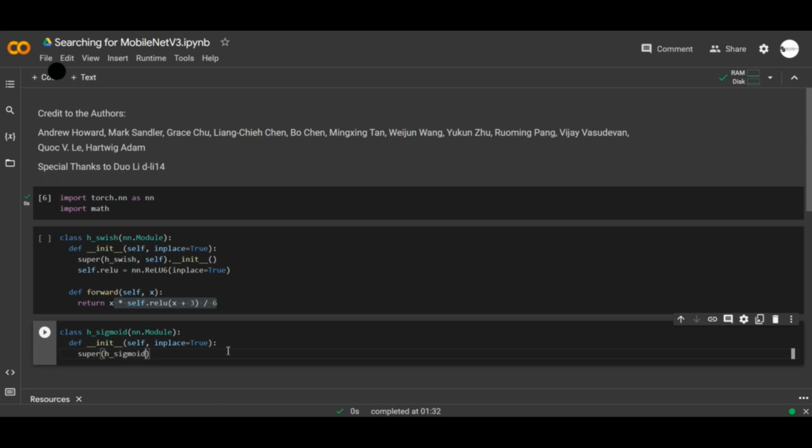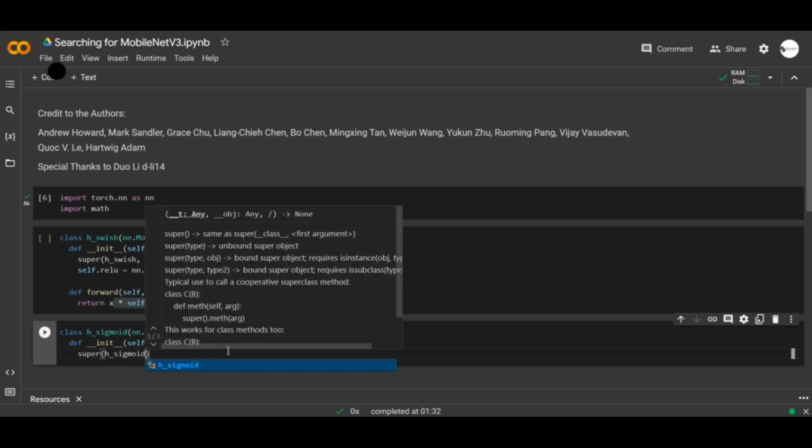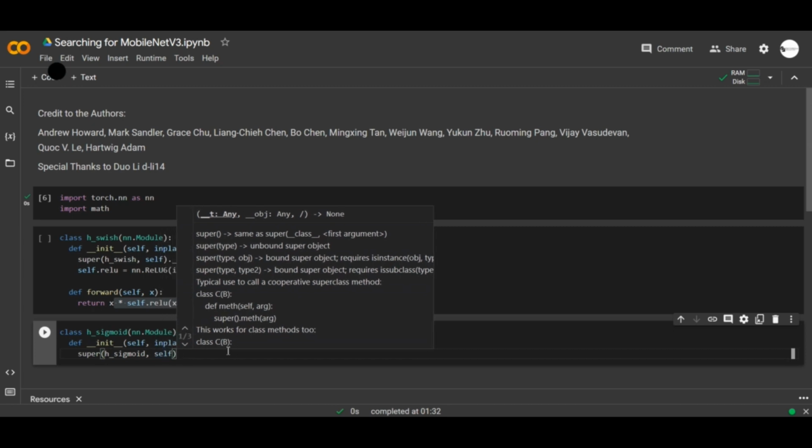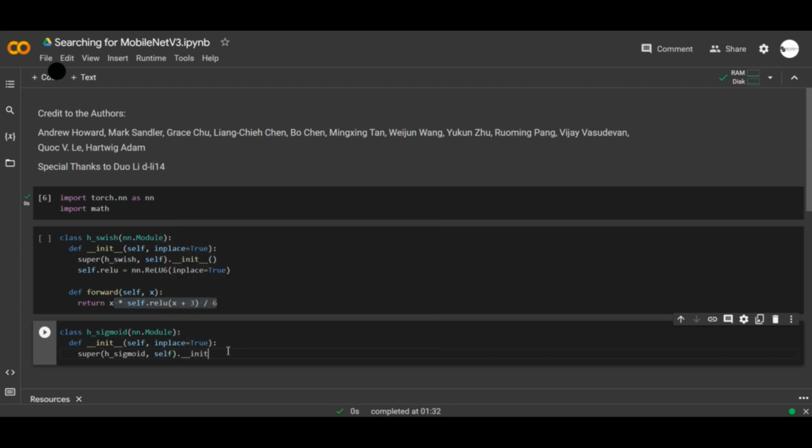Anyway, let's continue. So this is gonna be h sigmoid, then we take in self, then we say dot init, then we say self.relu equals nn.ReLU6, then we take in place equals true.